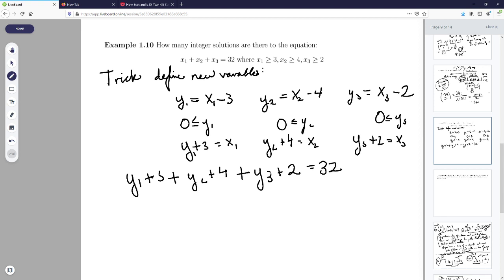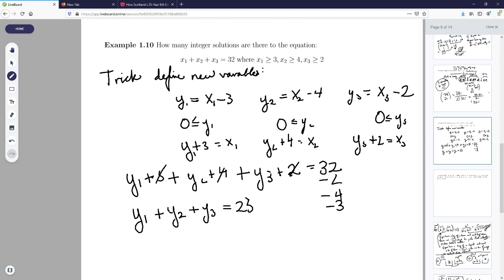So we basically subtract off a 2, a 4, and the 3. Yeah, exactly. So you subtract, and then what you end up with is y1 plus y2 plus y3 is equal to, I guess what, 23, right?